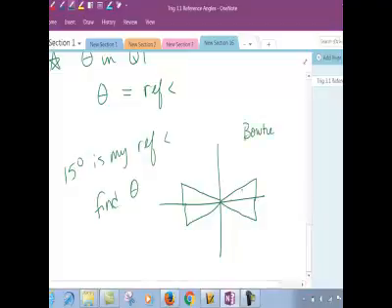Clearly theta in the first quadrant is 15 degrees, the same as the reference angle. Here, 180 minus 15 is going to be 165 degrees, that's theta. In this quadrant, theta turns out to be 195 degrees, and in the fourth quadrant, 360 minus 15 is a theta of 345 degrees.